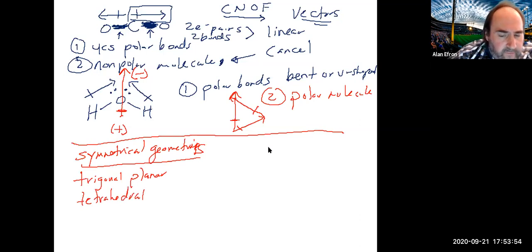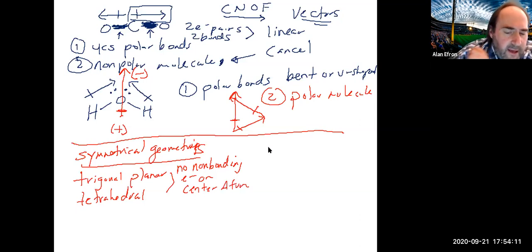What both of these have in common is that if you draw the Lewis structure, there are no non-bonding electrons on the central atom. So if you draw your Lewis structure, you've got no dots on the central atom. And the other thing is, everything attached is the same. Everything on the outside atoms is the same.